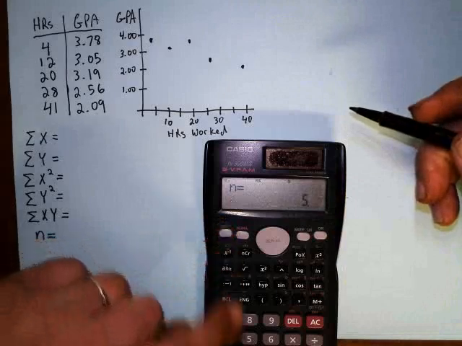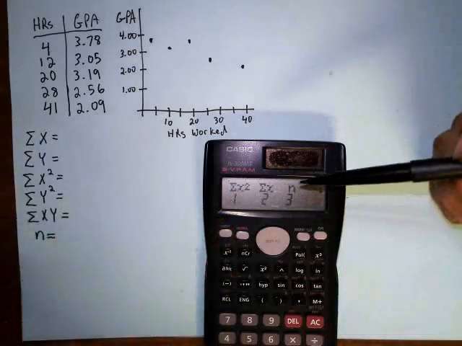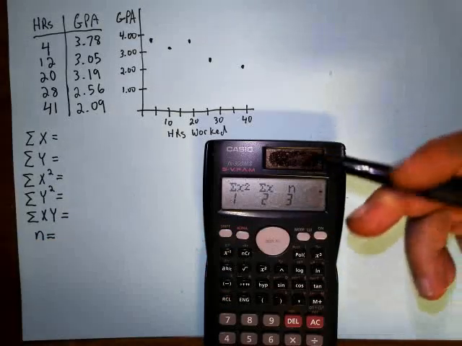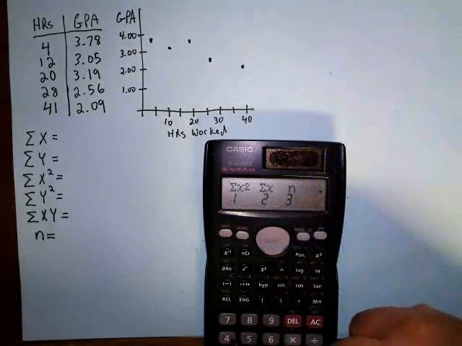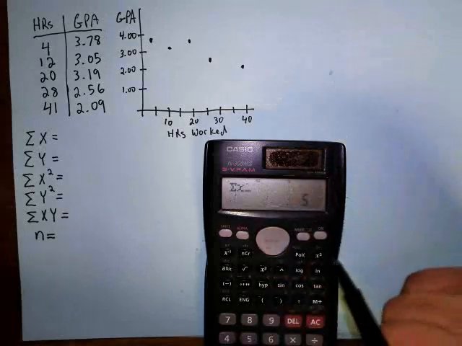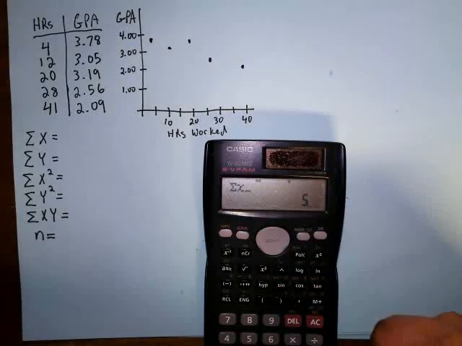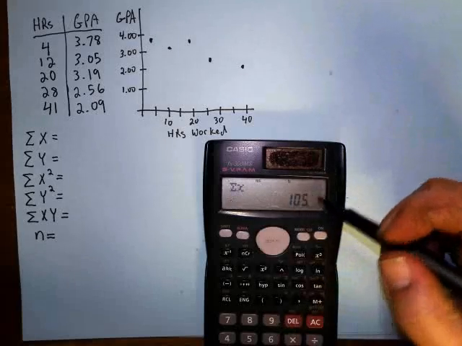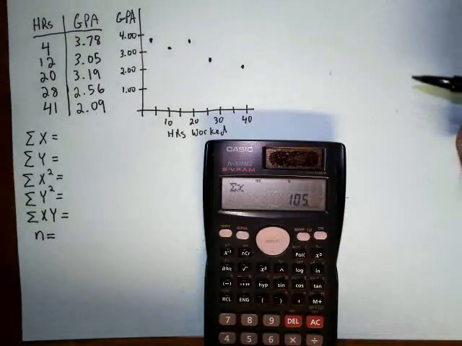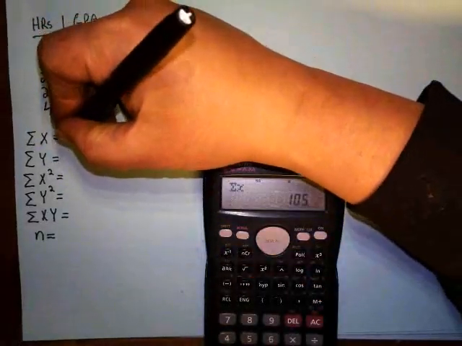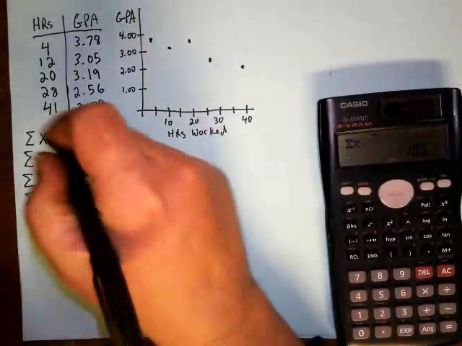So if I hit Shift 1, I get this screen. To get the sum of x, I'm going to press 2 and hit equals. And there's the sum of x. In this case, it is 105. So I'll write 105.